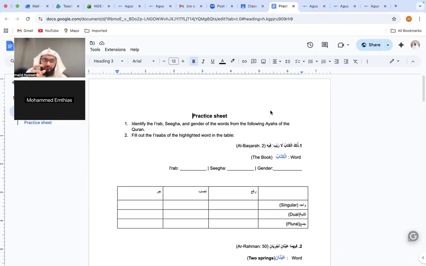Because if you practice with the same Google account in which you are added into the Google Classroom, then it will take you to the document, inshallah. Is this the one, Iraab practice? Yeah, Iraab practice.